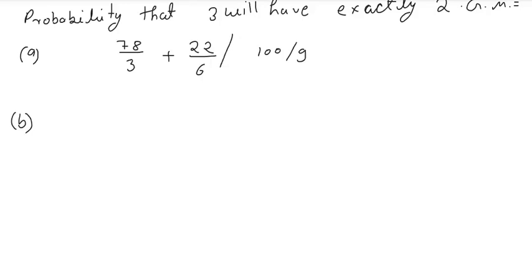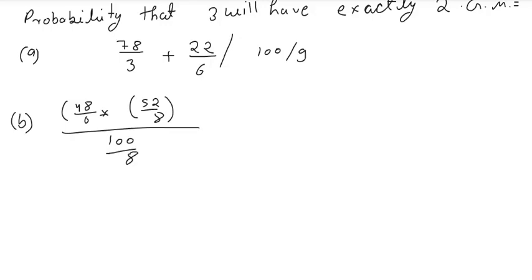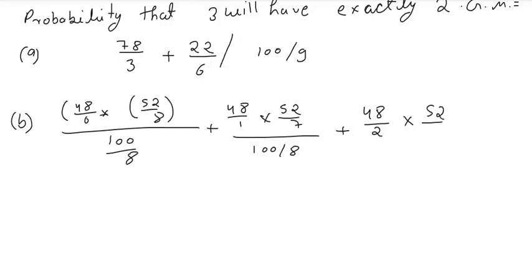For that, we are going to solve 48 upon 0 into 52 upon 8 whole divisible by 100 upon 8 plus 48 upon 1 into 52 upon 7 whole divisible by 100 upon 8 plus 48 by 2 into 52 upon 6 whole divisible by 100 upon 8. This is our second part's answer.